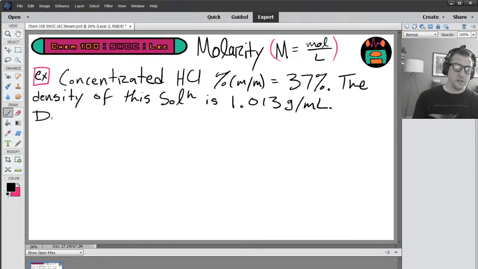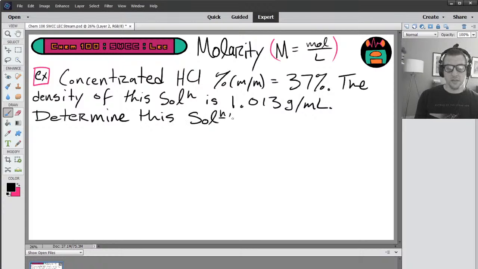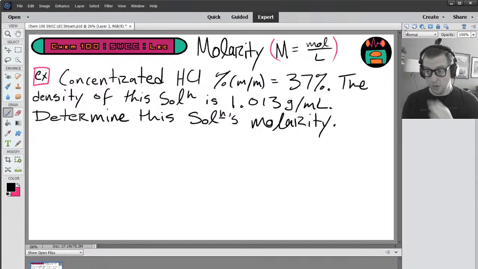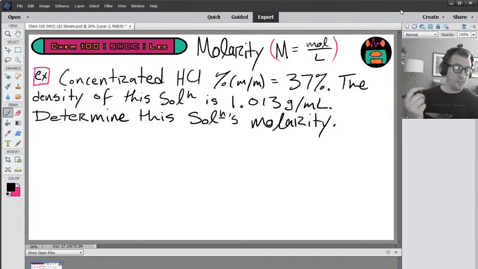Determine this solution's molarity. All right, a problem unlike any problem we've ever seen before. So that makes this great practice for the exam.